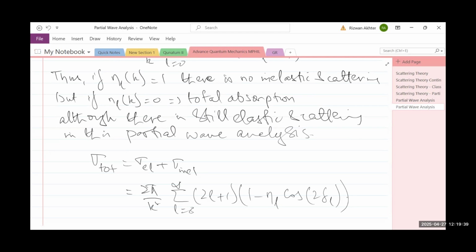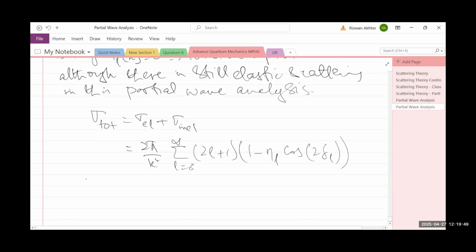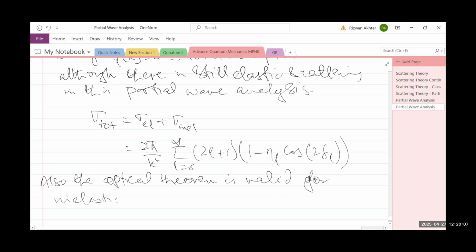So again for inelastic scattering we take theta equal to 0, that is along the direction, and so the optical theorem is valid for inelastic scattering.